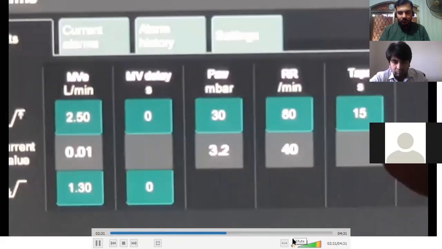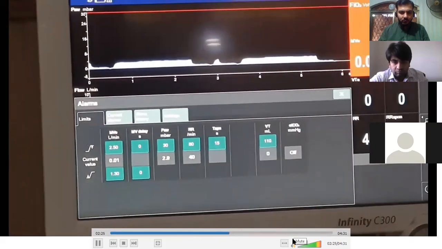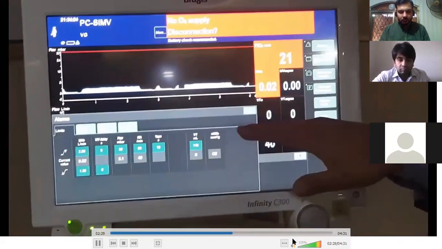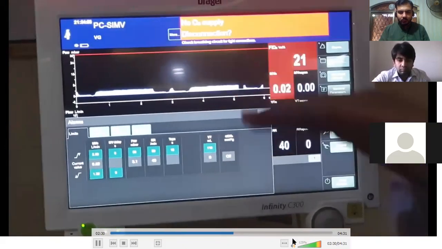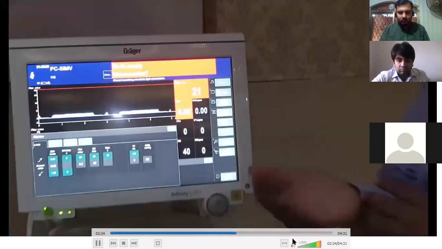And if the respiratory rate goes above 80 per minute, the vent will start beeping in red. So in this case, we will adjust the values of the alarms according to our need and the setting for the ventilation. The second option is view.